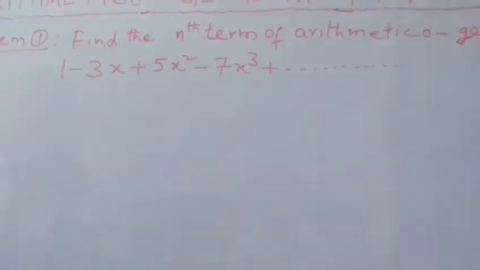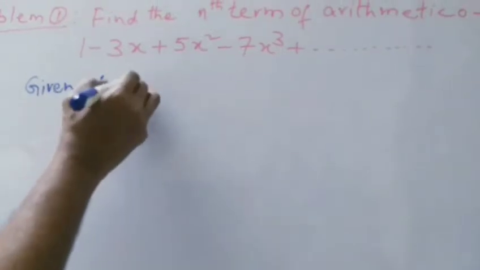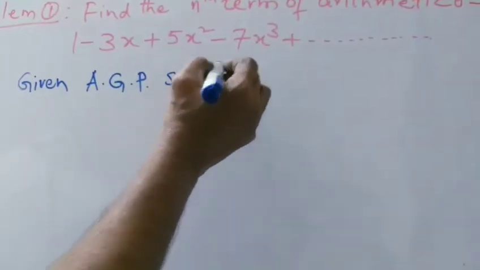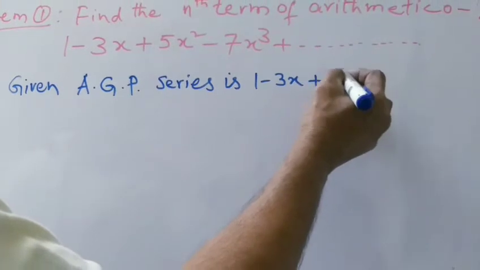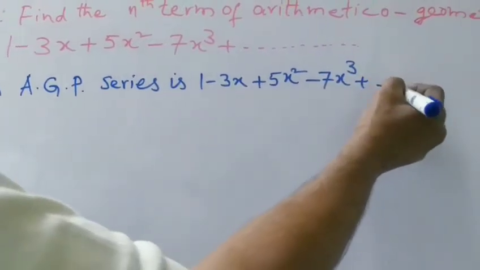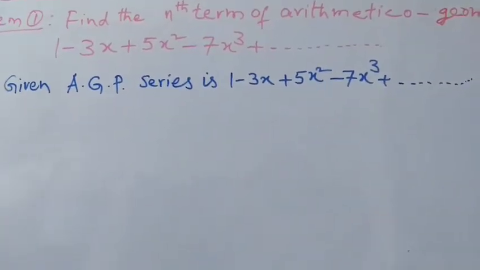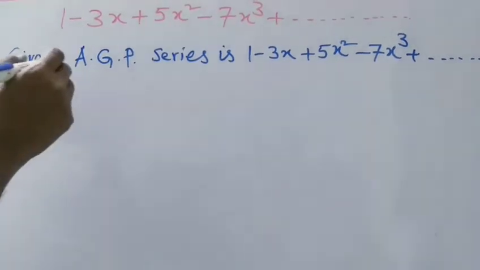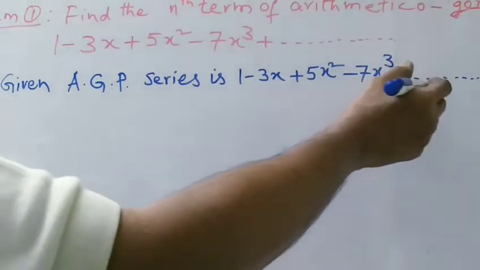Given, the AGP series is 1 minus 3x plus 5x square minus 7x cube plus and so on terms.